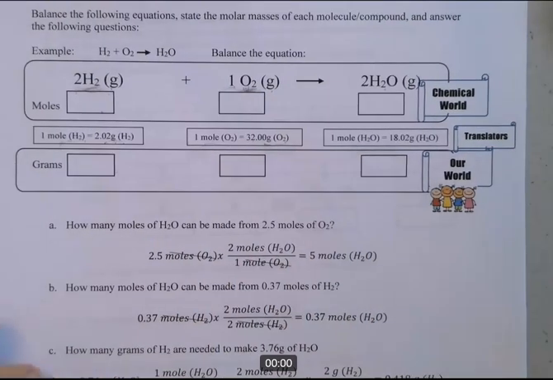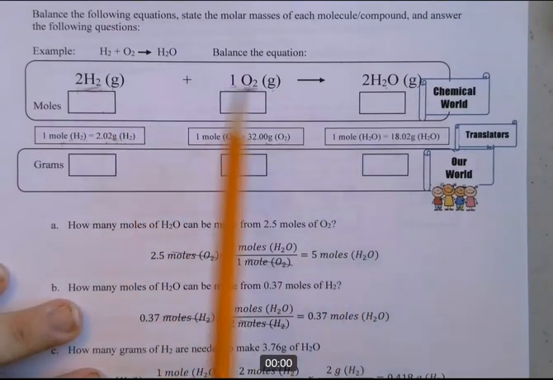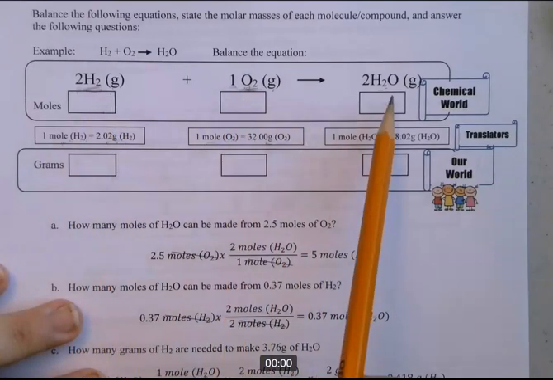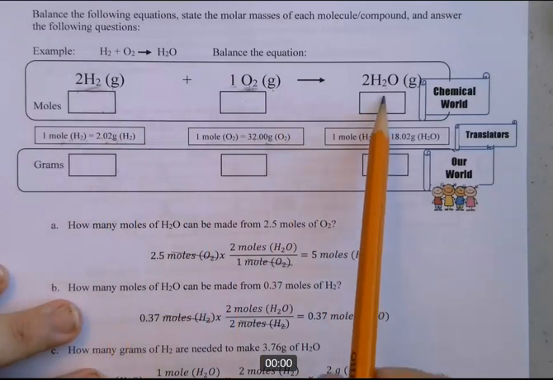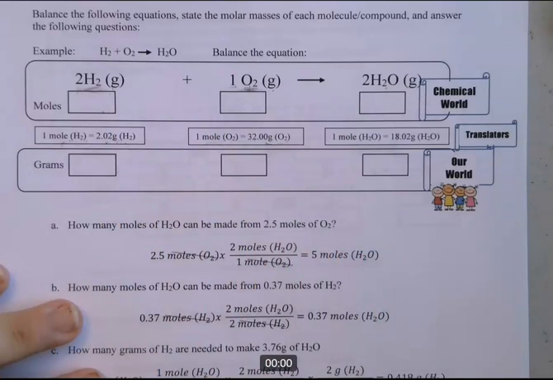Now let me give you a hint. If it gives you a number of moles of one of these substances and wants you to convert with moles, then you start off inside the equation and you end in the equation. All you have to do is move between these. That's moles to moles. What if it gives you a number of grams of one of these?